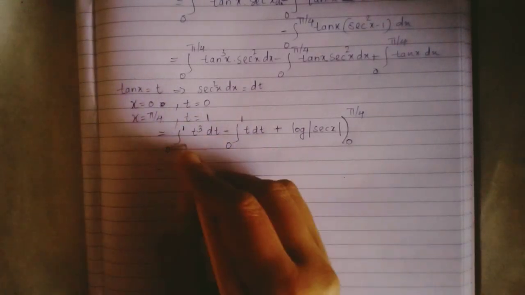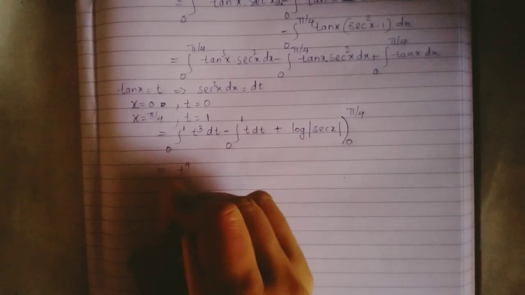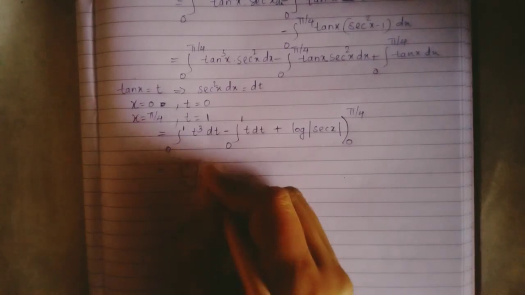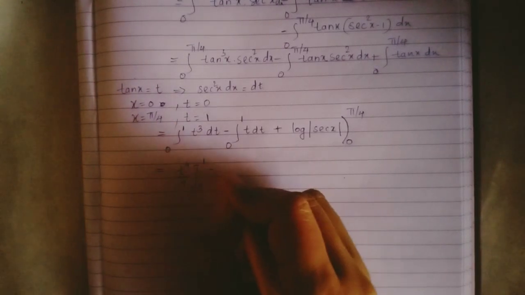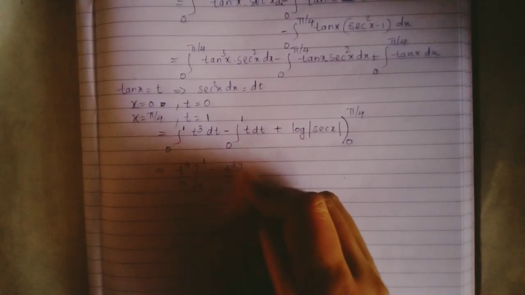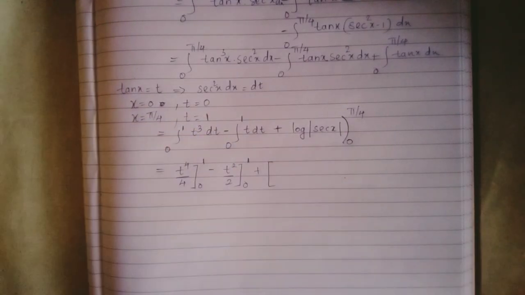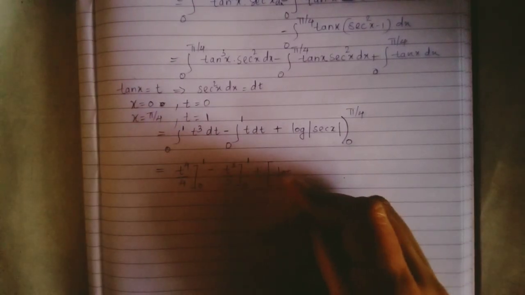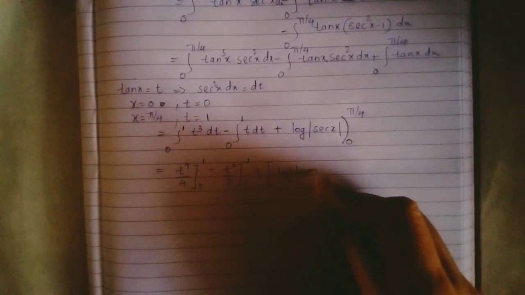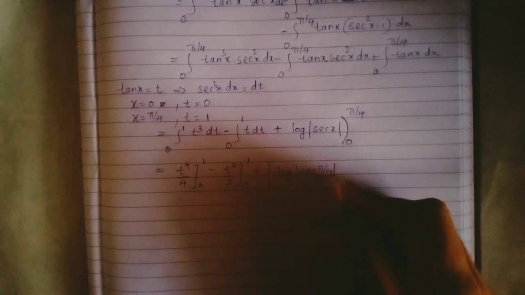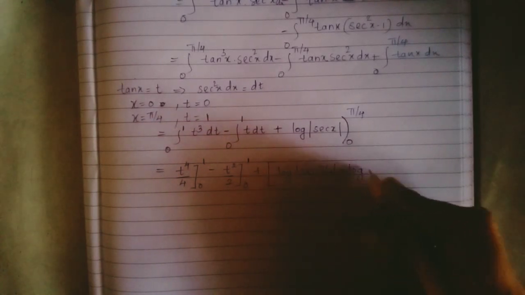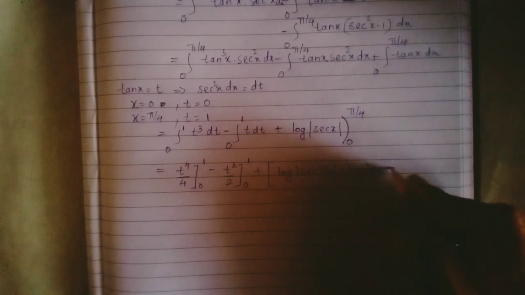Integrating, you will get t raised to 4 upon 4 from 0 to 1 minus t square by 2 from 0 to 1, plus, substituting the limits, log sec pi by 4 minus log of sec of 0.